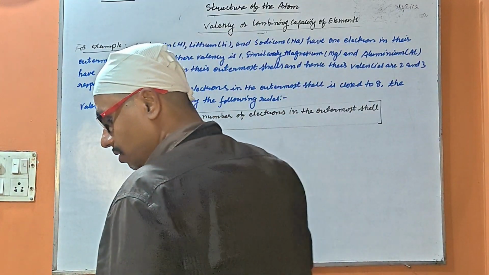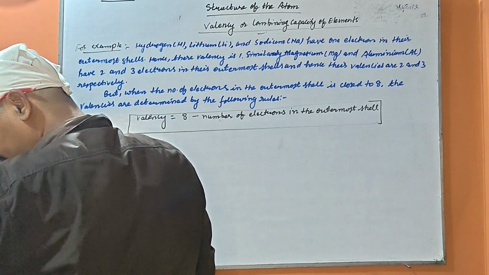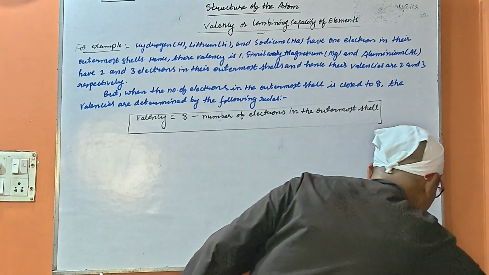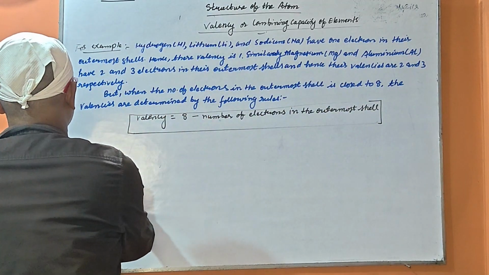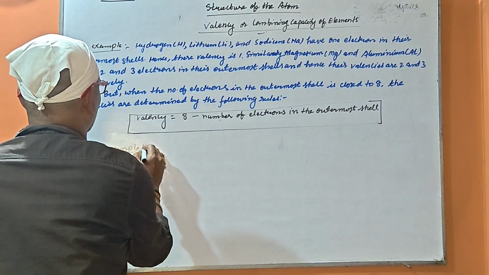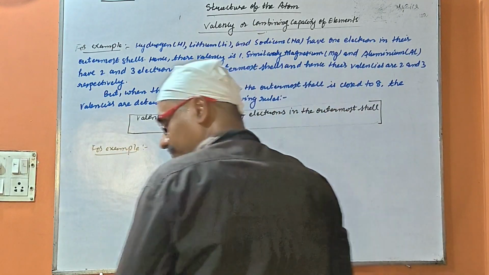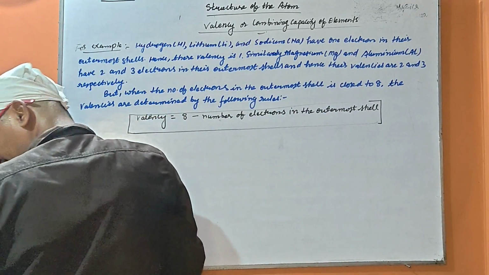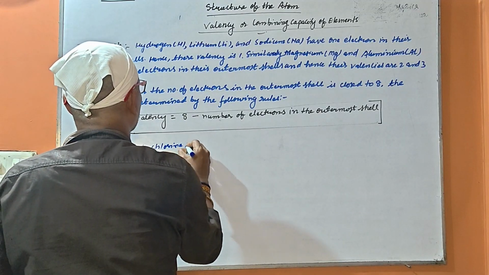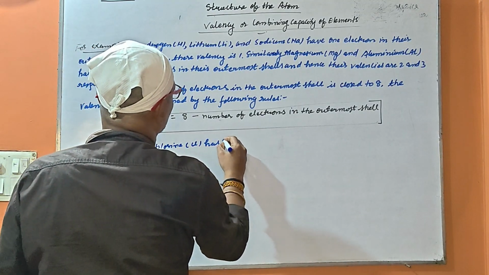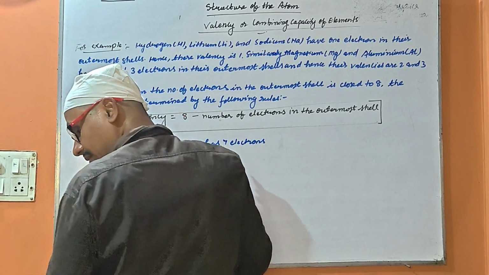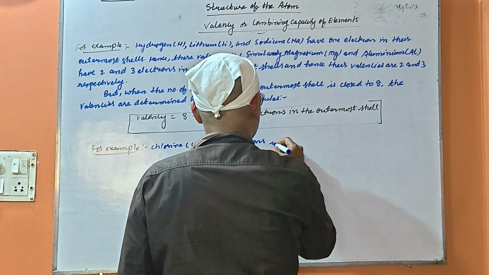For example, chlorine, Cl, has 7 electrons in its outermost shell.